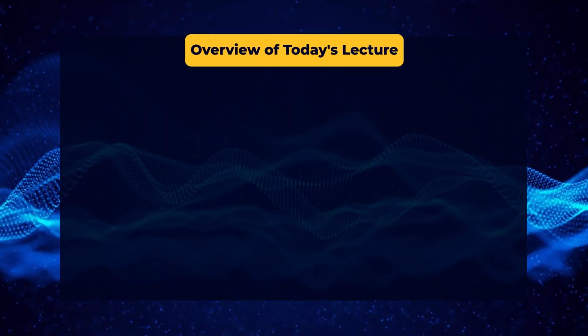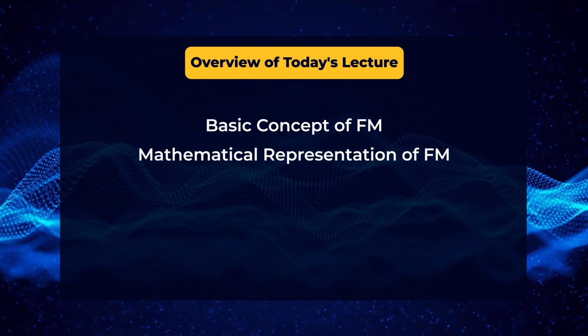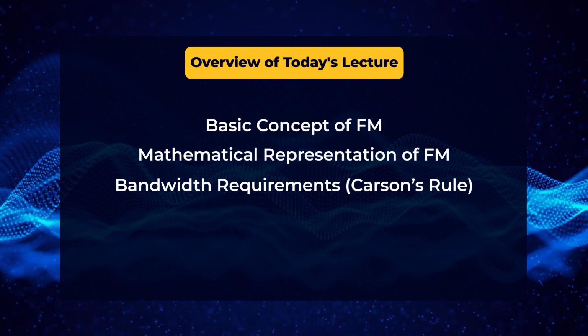So, without further delay, let's move on to the topic titled Frequency Modulation, Equation and Bandwidth. In today's lecture, we will cover several key aspects of frequency modulation. First, we will discuss the basic concepts of FM, followed by its mathematical representation. Next, we will explore the bandwidth requirement of an FM signal using Carson's rule.